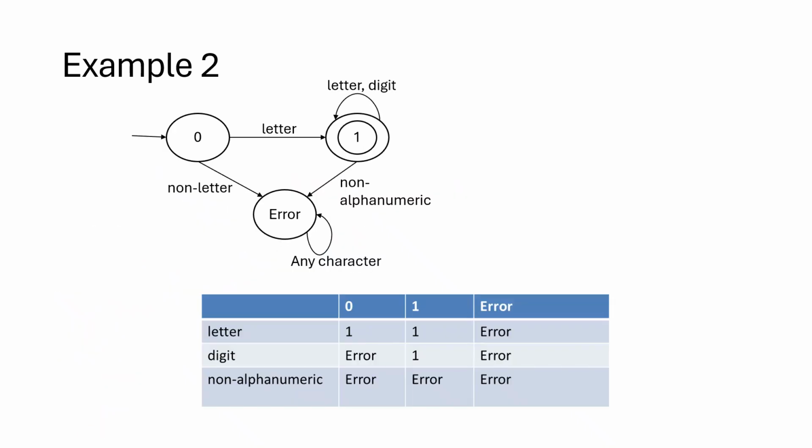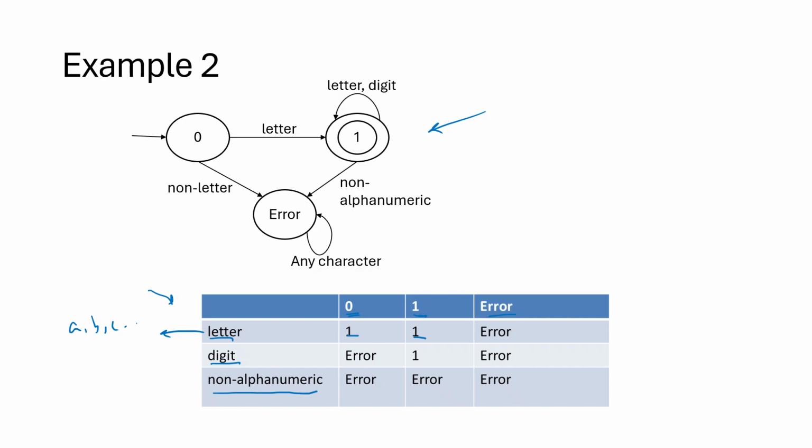And here's the transition diagram, exactly what we talked about, and the corresponding transition table, where we have 3 states, state 0, state 1, and the error state, and we have 3 possible categories for our input. So letter, all the letters A, B, C, and so on. If you are at state 0 and you read the letter, you go to state 1. If you are at state 1 and you read the letter, you stay at 1.